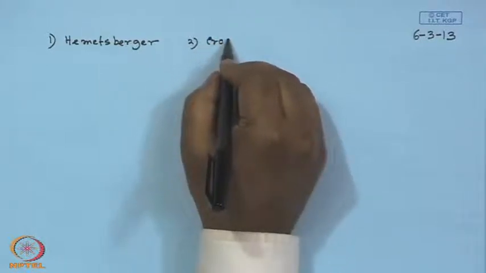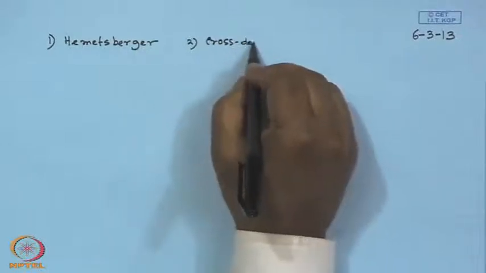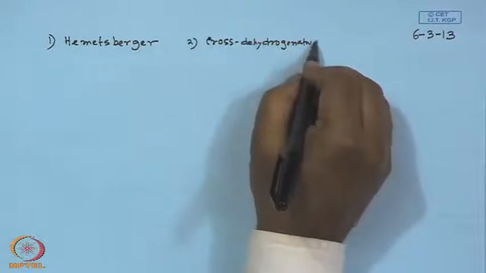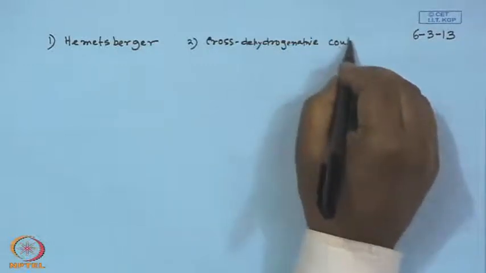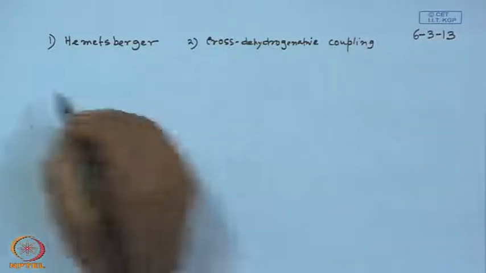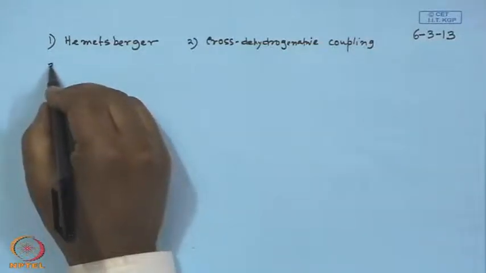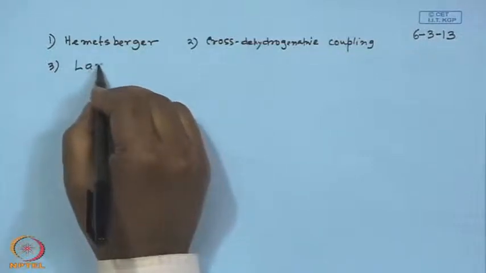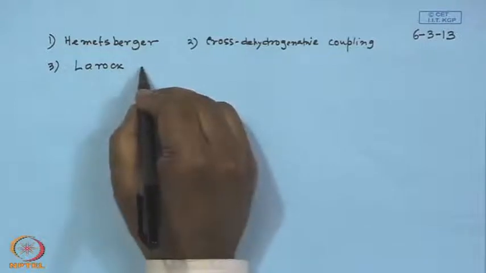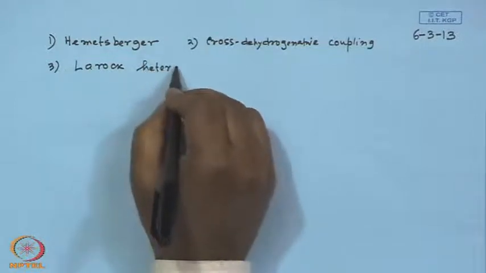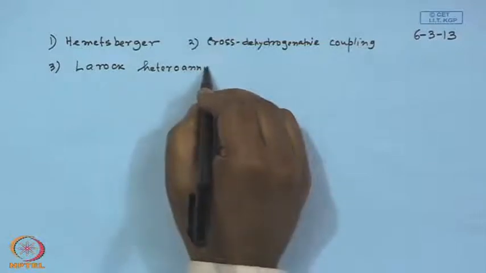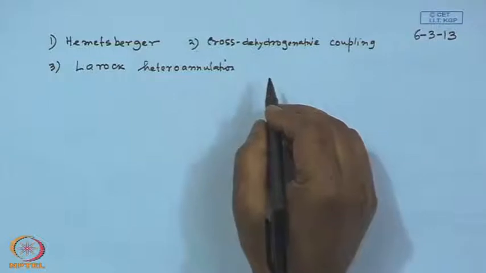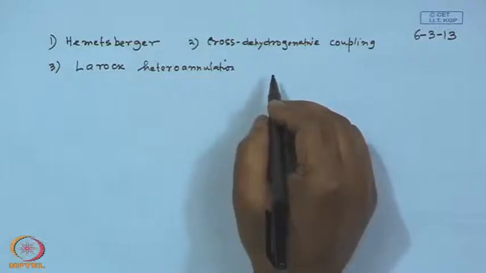The second one we will probably talk about is cross dehydrogenative coupling, and the third is again a very powerful one, called Larock heteroannulation, which is indole synthesis by Larock's method.